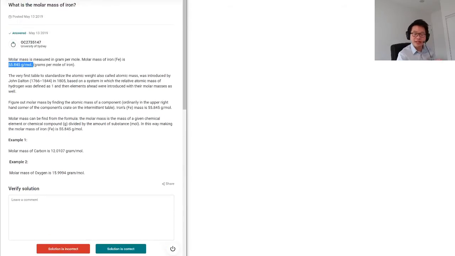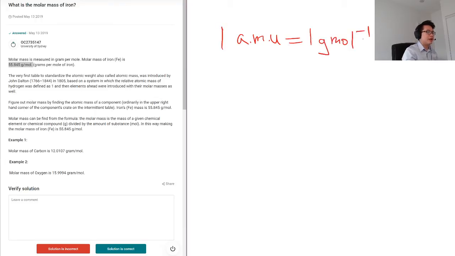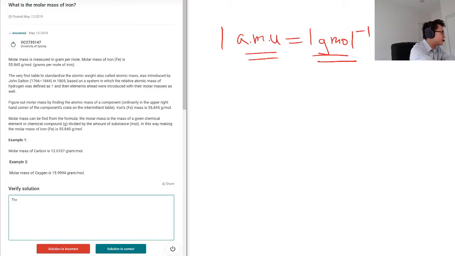Sometimes your periodic table will show the atomic mass, but the conversion factor between the atomic mass unit, AMU, and molar mass is 1 AMU equals 1 gram per mole. Keep in mind that AMU and gram per mole are different. It's just the conversion factor. They have the same number, so it's a 1-to-1 ratio. For this case, the solution is correct.